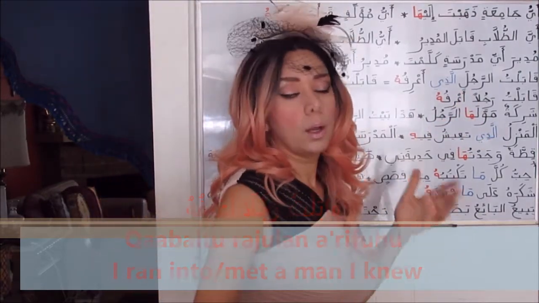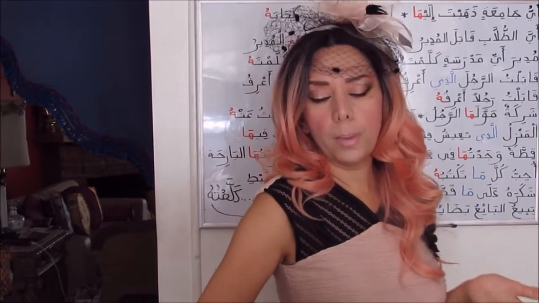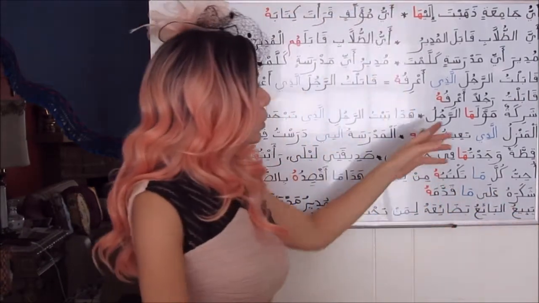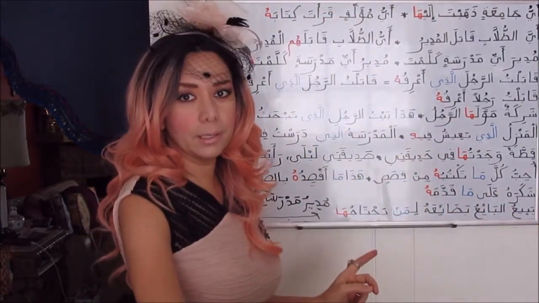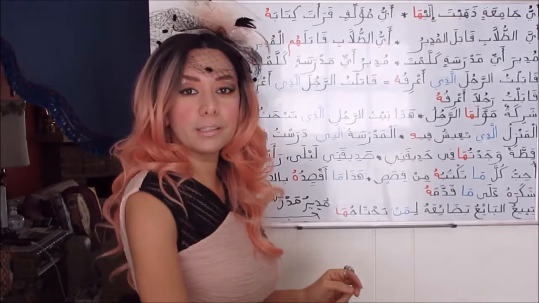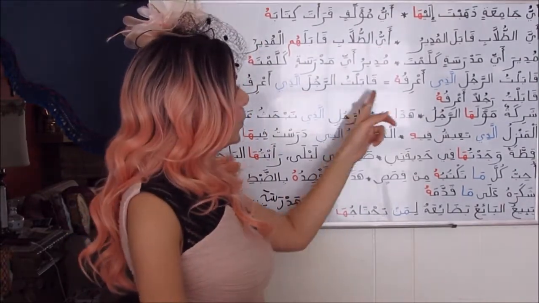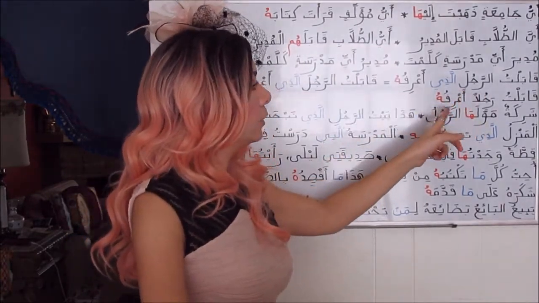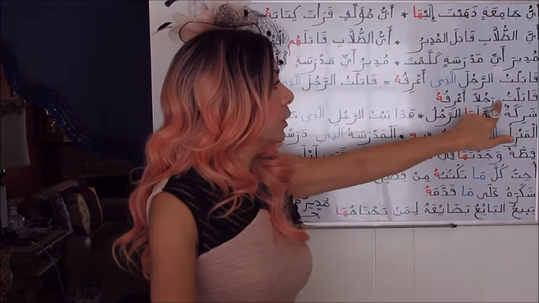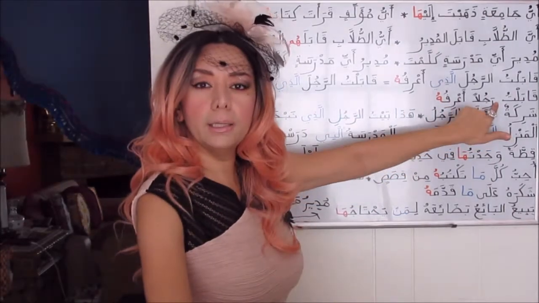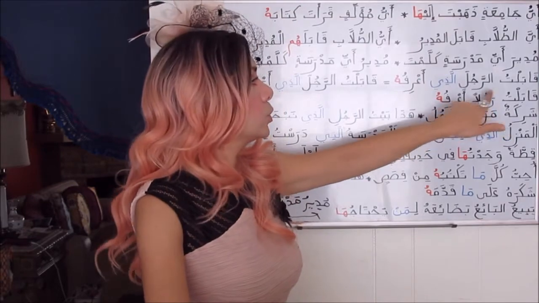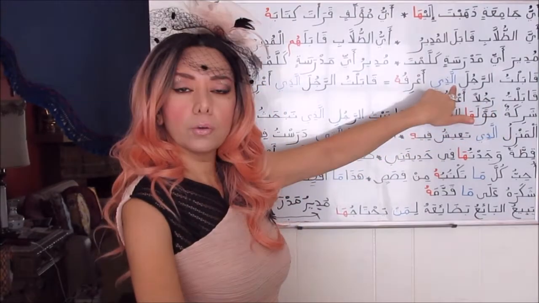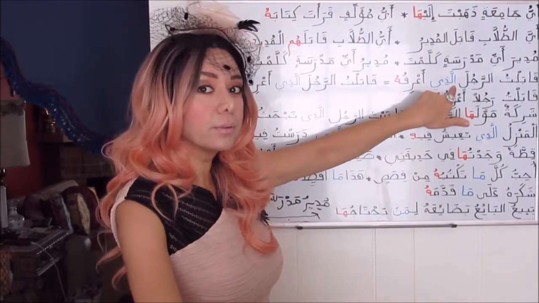So, I met the man that I knew. For all of them, it's the same in English, but in Arabic it's different. So, قابلت رجلا أعرفه. And here, with an indefinite antecedent, we don't use the relative pronoun.